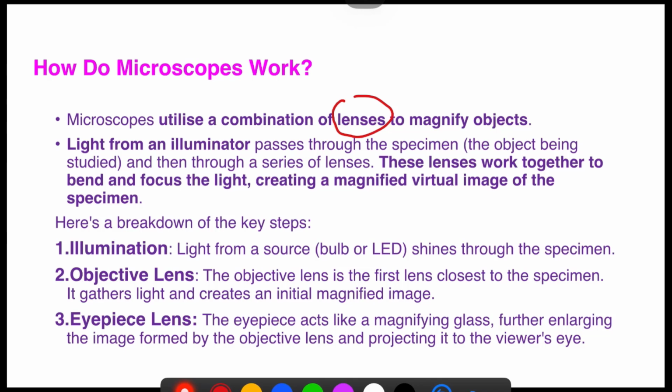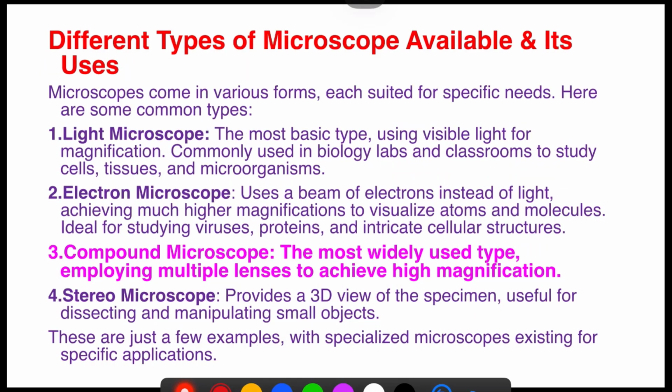Light from an illuminator passes through the specimen. These lenses work together to bend and focus this light and create a magnified virtual image of the specimen. So illumination, objective lens, and eyepiece lens are key factors for any microscope.